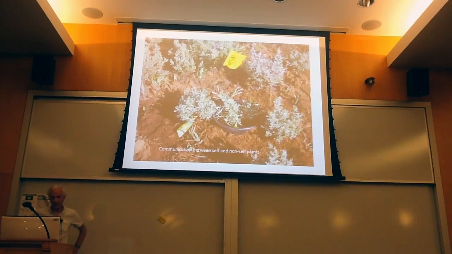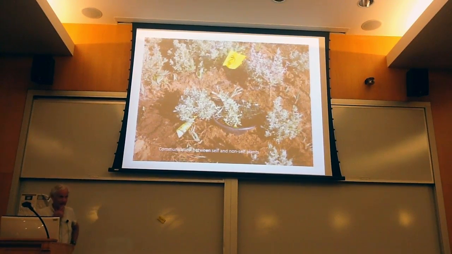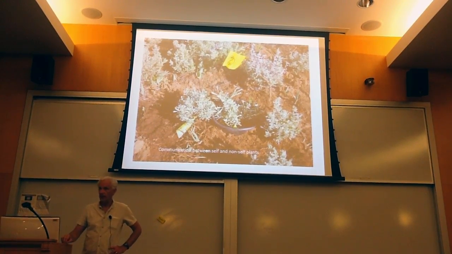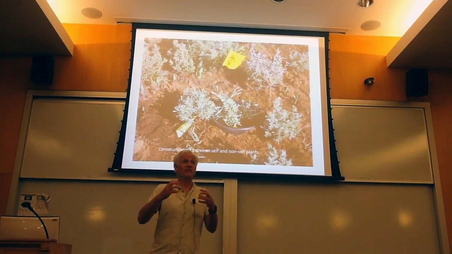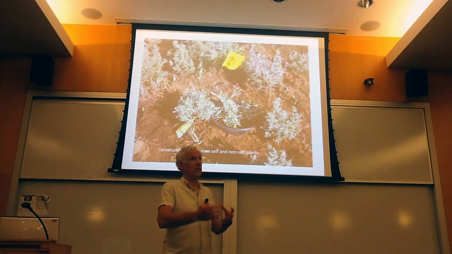Here's the experiment that we did. Sorry, I got a little bit out of order here. Here's the first experiment that we did, an attempt to ask whether or not sagebrush is able to communicate more effectively with itself than with another plant.